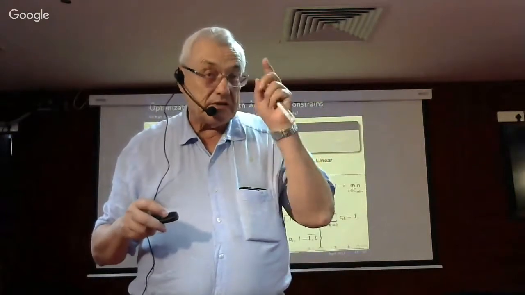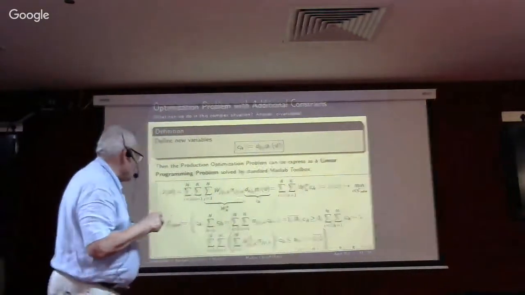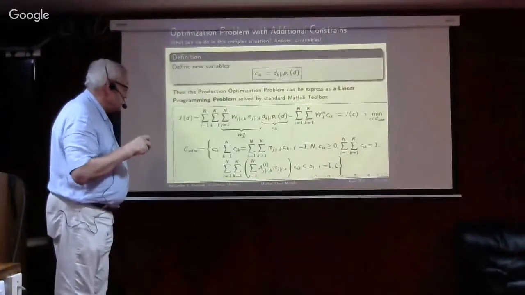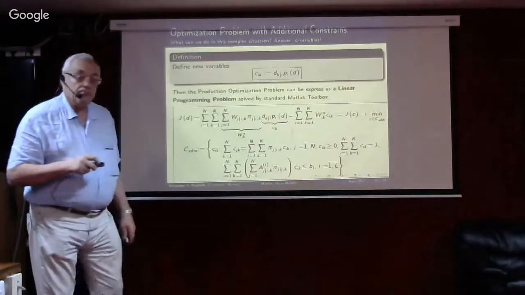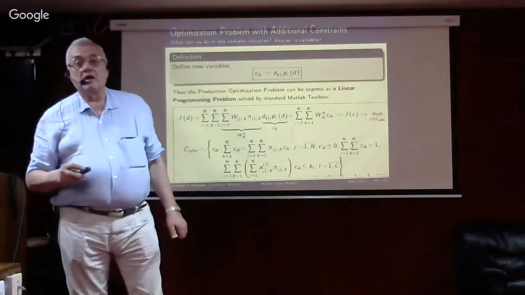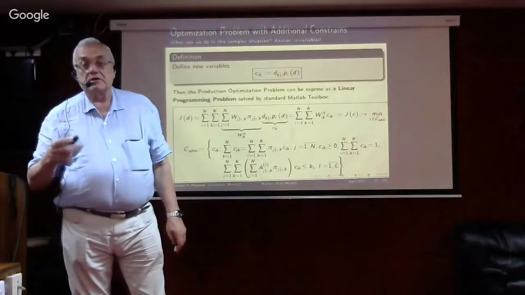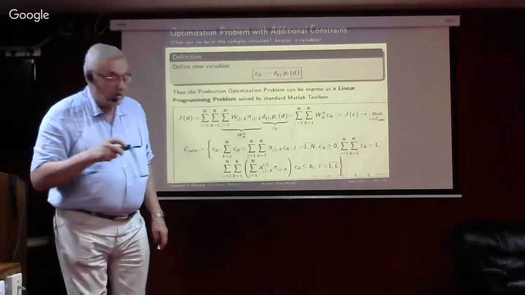Not so well known, but okay. So we have a nonlinear situation. Look, we have D, and P also depends on D. We must satisfy constraints. What to do? How to represent it in a more tractable manner?